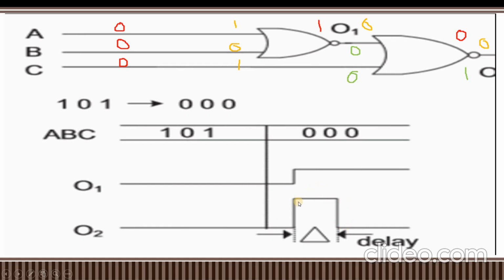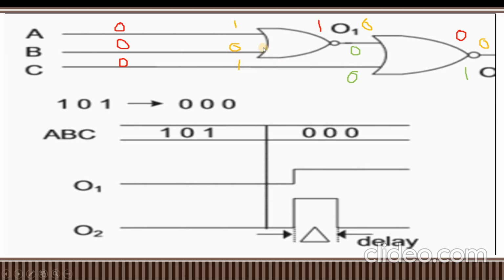Due to this delay, it can cause a glitch in the circuit. This glitch will lead to glitching power dissipation. So whenever you transition from input 101 to 000, the output is going to change, and this particular glitch causes the glitching power dissipation.